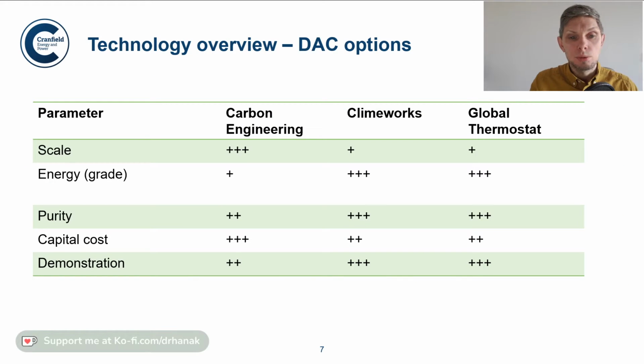Some of the areas we need to look into in terms of development. That's my personal opinion: the scale of a single unit might be bigger for Carbon Engineering, while the Climeworks and Global Thermostat units would be smaller, I think. Of course, you can put more modules there, but in terms of a single unit, I think Carbon Engineering will be a bigger scale.